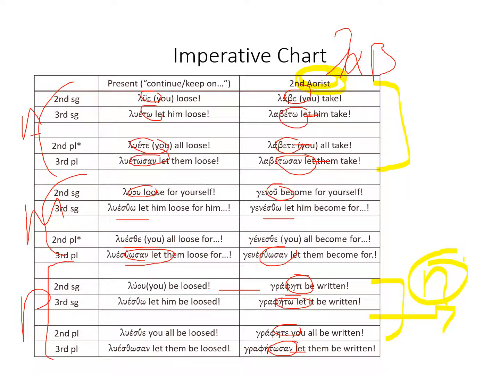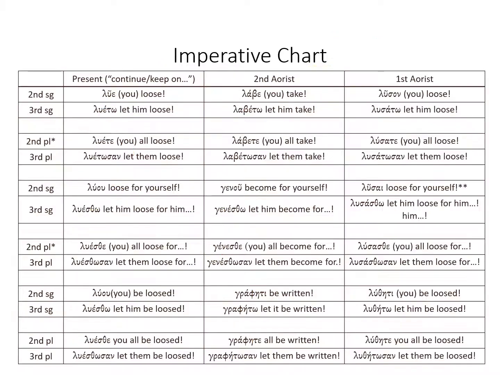But just for a minute again, notice the similarities: to, te, toson, sto, ste, stoson. Exactly the same until we get here to the passive. So look how similar, just in endings, we have between the present and the second aorist.